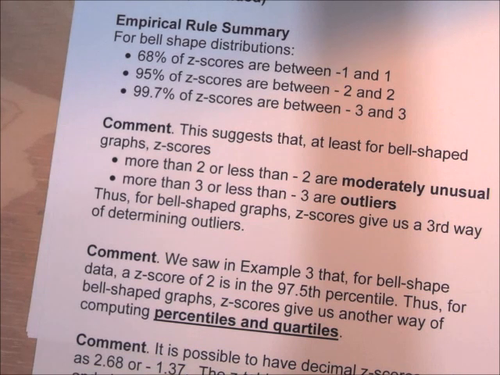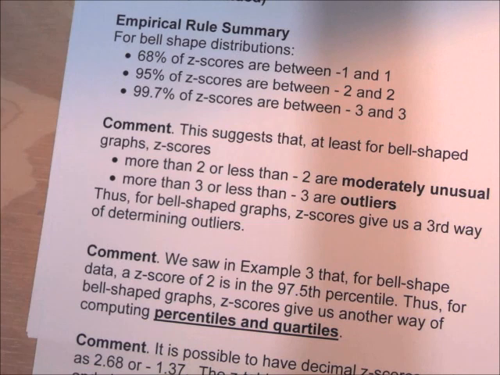And this suggests that, at least for bell-shaped graphs, the z-scores more than 2 or less than -2 are moderately unusual. The z-scores more than 3 or less than -3 are outliers. So that gives the third way of determining outliers if the graph is bell-shaped.